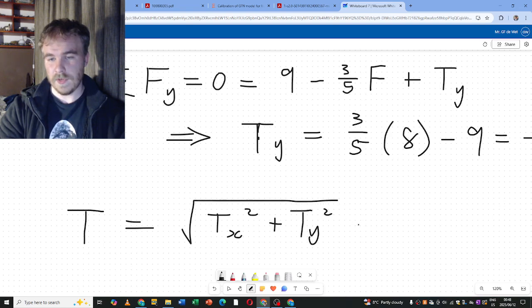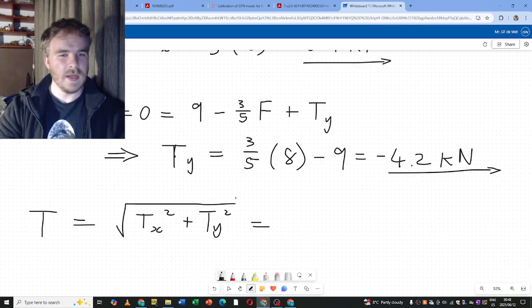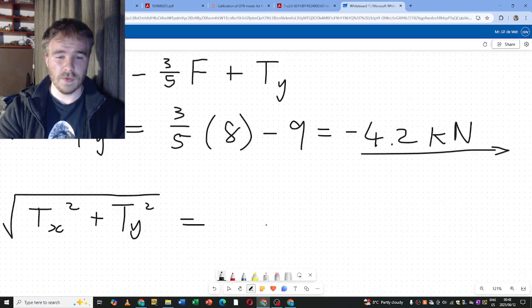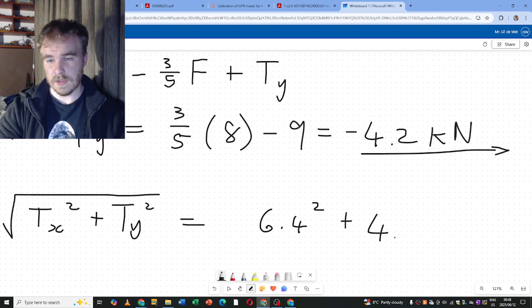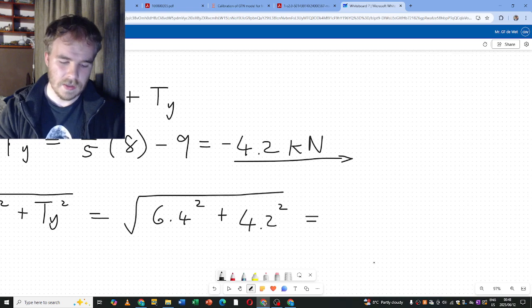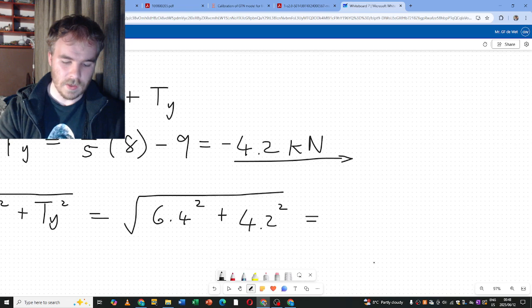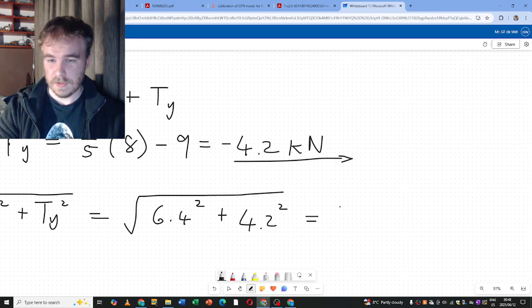All right, and then let's see, 6.4 squared, and it doesn't matter what sign this is, we're only interested in the magnitude. 4.2 squared, we take the root of that, and what do we get for T? 4.2 squared plus 6.4 squared, and that should be 7.655 kilonewtons.